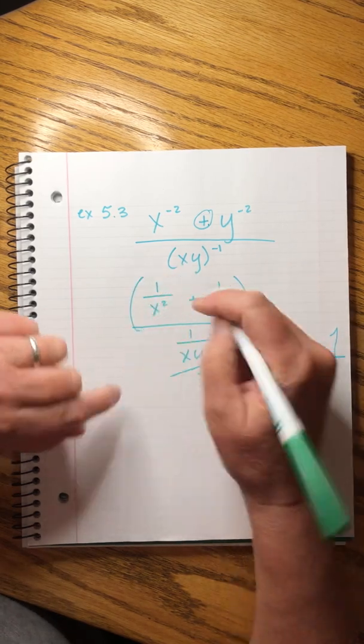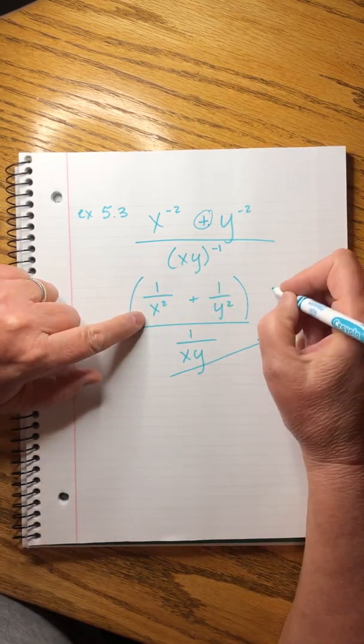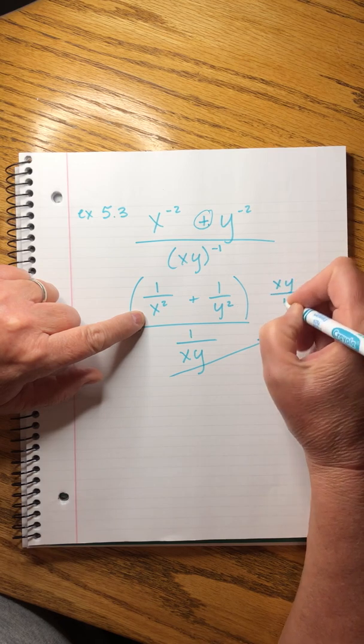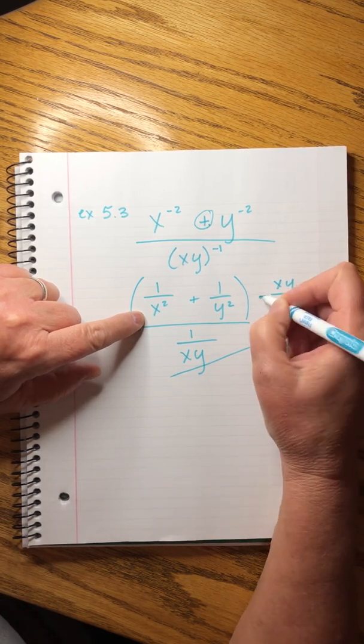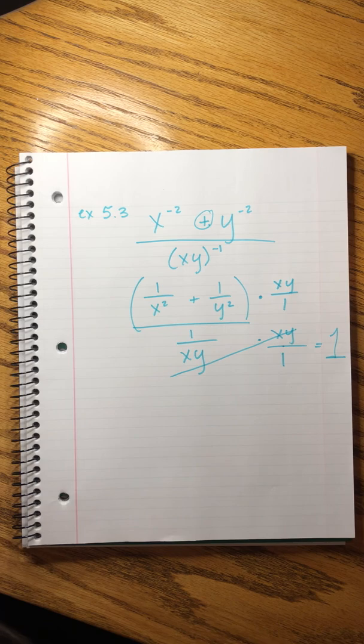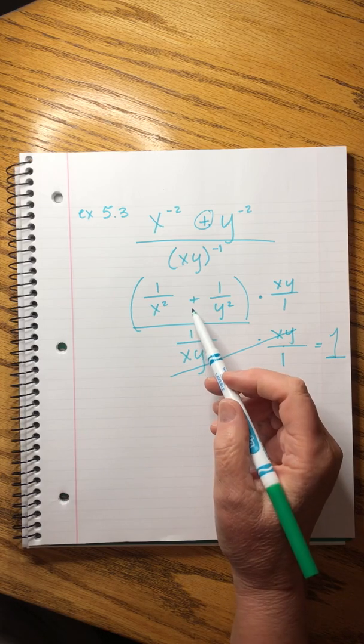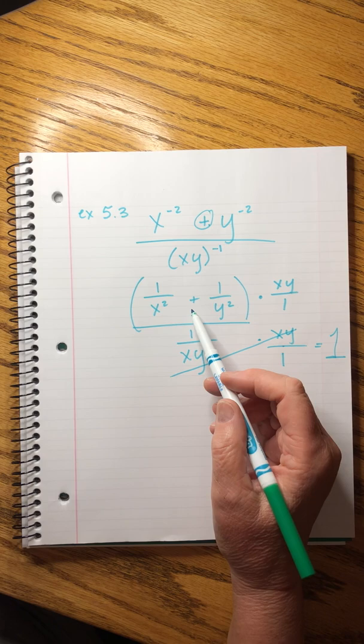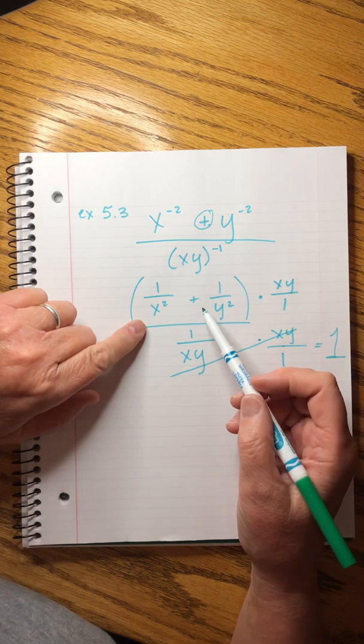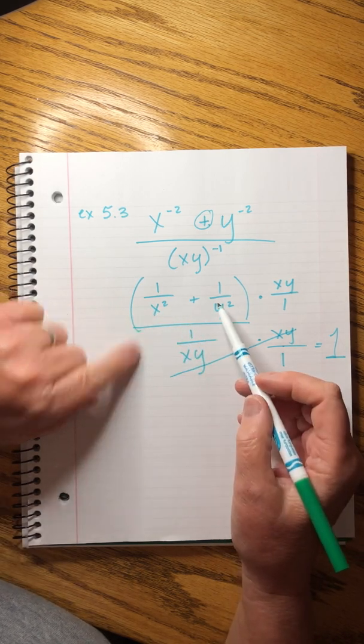This, we're going to have to work on to get these to match, but we're also going to need to multiply it by xy over 1, because if we did it to the bottom, we have to do it to the top. Yay! Okay. We're getting somewhere, you guys. We've got it down to just this. Now, these denominators have to match.